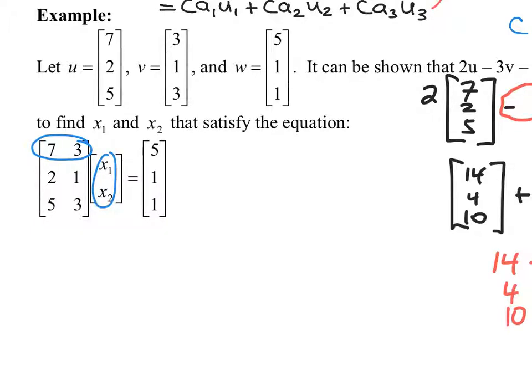So first row by the column vector is going to give me 7x1 plus 3x2.